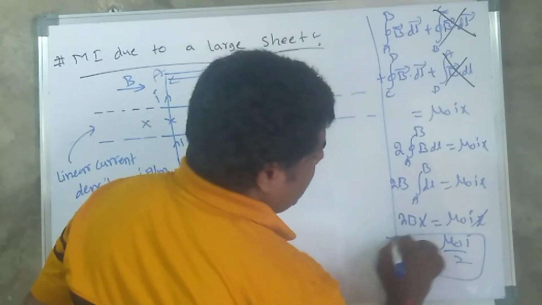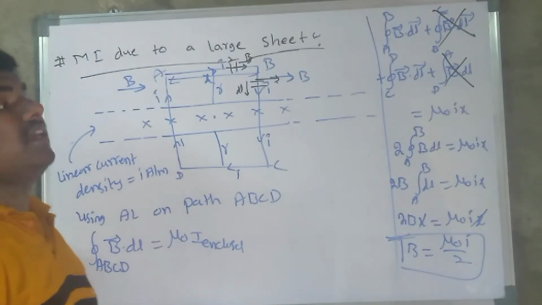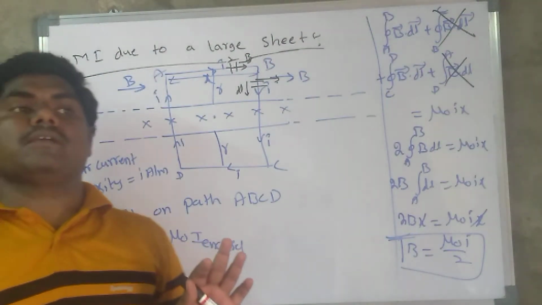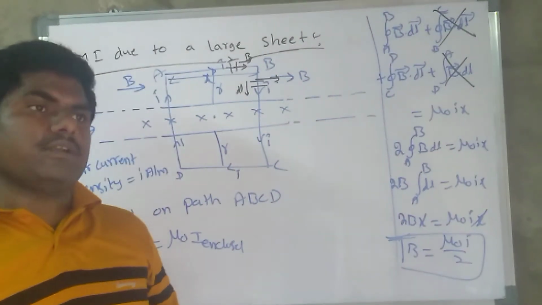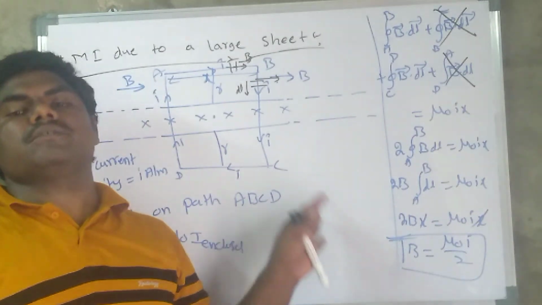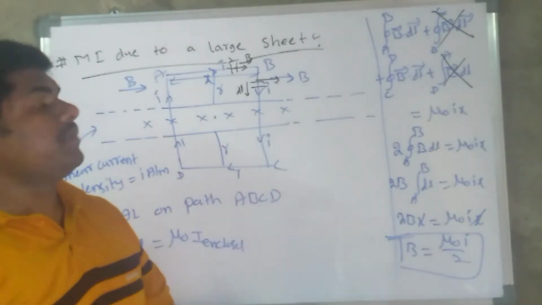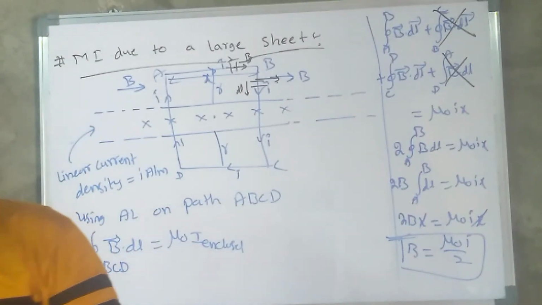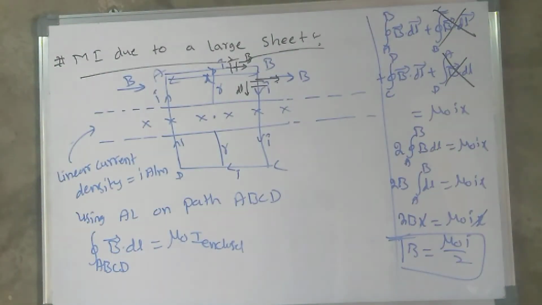This is an easier calculation by symmetry of the current distribution, easy to calculate with the help of Ampere's law. That is very important.